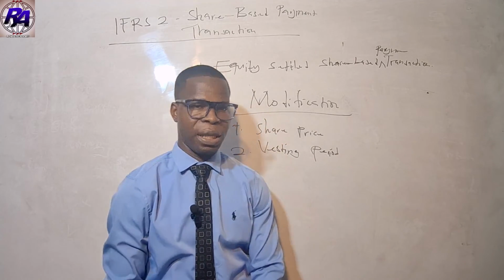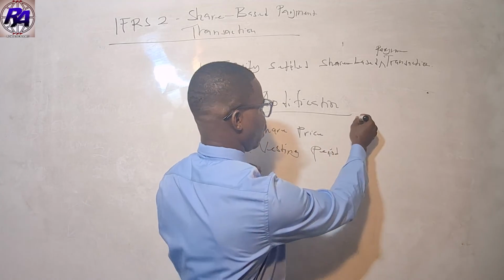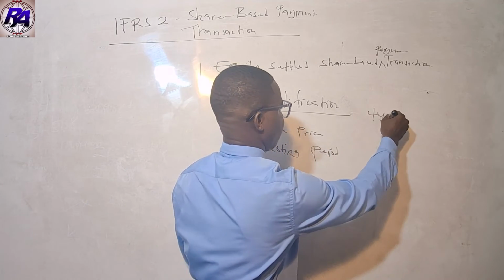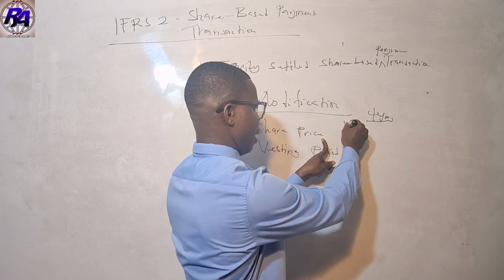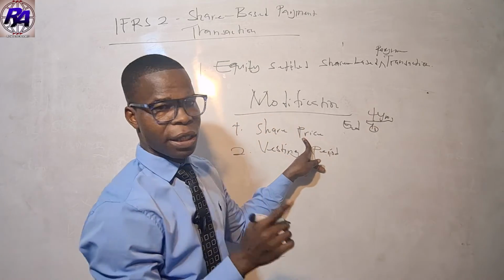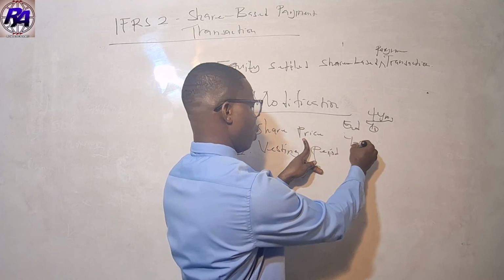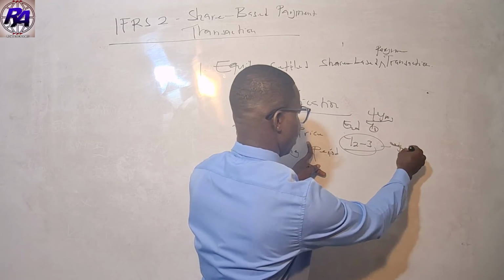For instance, let's say there's a modification and we are looking at a service condition that is taking 4 years. And then there's a modification at the end of year one. That means the modification is going to take place from year two to year three, and this is going to be 3 years in total.